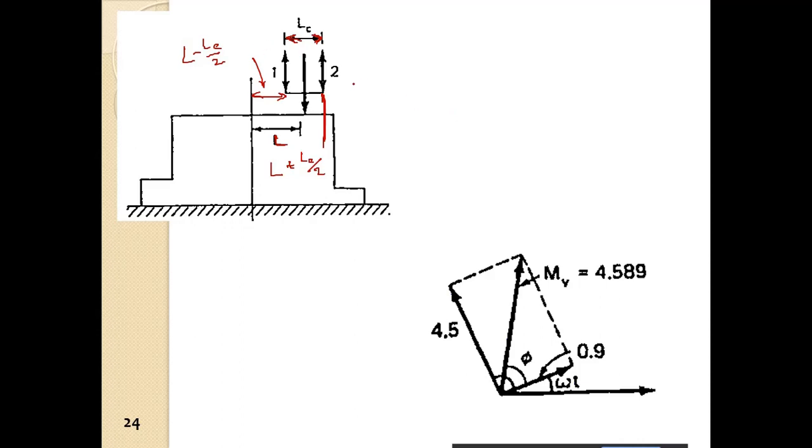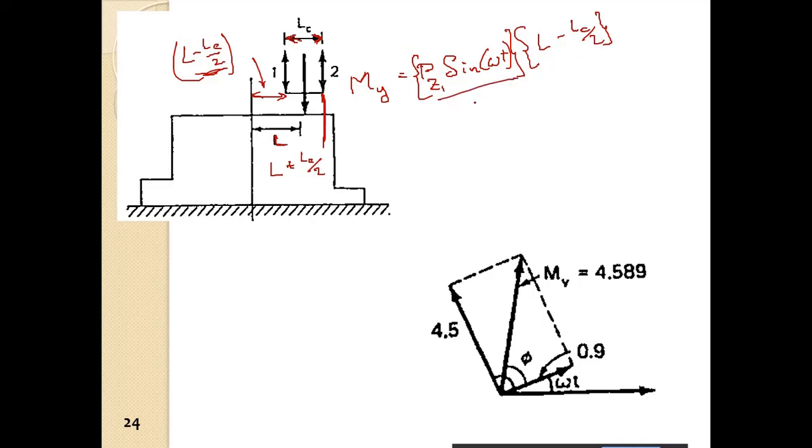So what is the total moment now? Very easy to find out. Ultimately My is equal to Pz1 sine of omega t, so this is the force, into the lever arm L minus LC by 2. Force into lever arm.